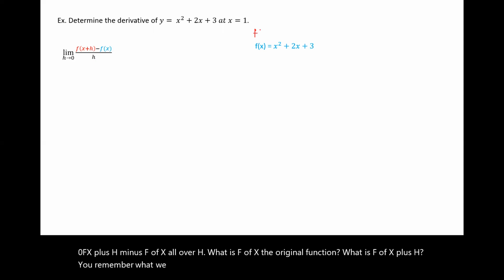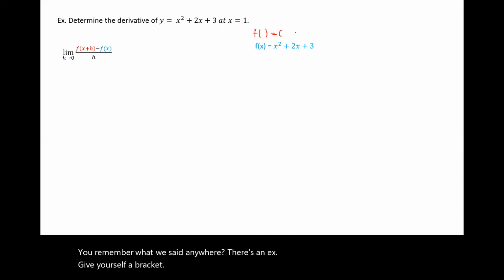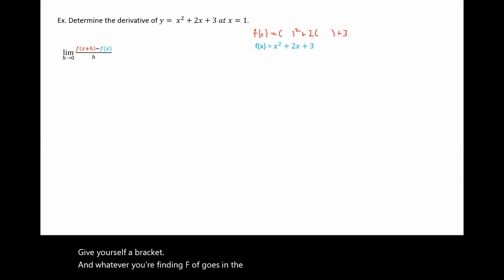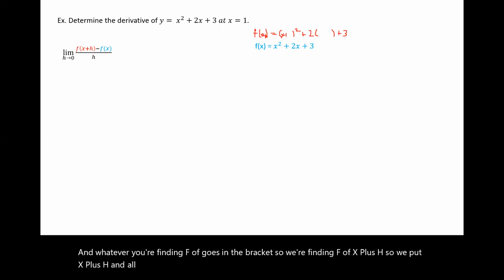Anywhere there's an x, give yourself a bracket. And whatever you're finding f of goes in the bracket. So we're finding f of x plus h. So we put x plus h in all those brackets.